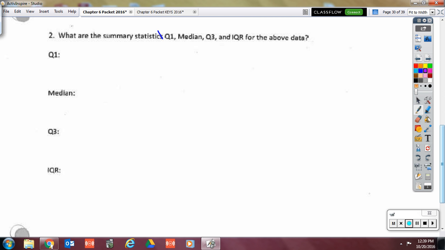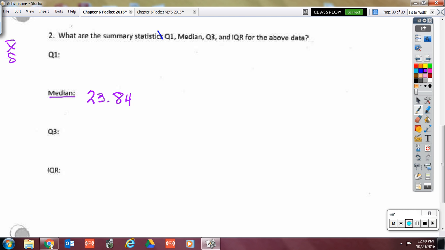So since it is symmetrical, what can you tell me the median is? The same thing as the mean, which is, I think, 23.84. Okay, so let's find Q1. Let's talk about it. So, I know my mean.